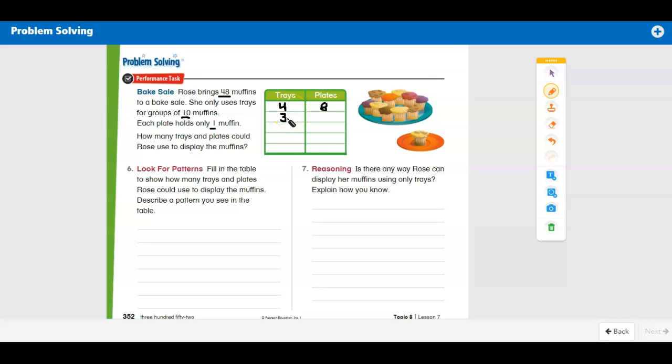If I take the 10 and 8, that gives me 18. 3 trays of 10 muffins, and 18 of my muffins would have to go on a plate. Fill in the rest of the chart, and then for number 6, tell the pattern that you see. Look for a pattern on our trays side and our plate side.